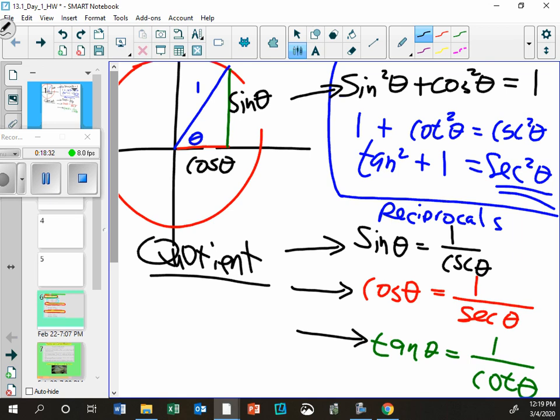So the quotients, it starts with this one. I bet somebody's going to know. If it's a classic trig thing having to do with divide, somebody's going to be able to guess this. Yes? You are correct. Tangent is sine over cosine.